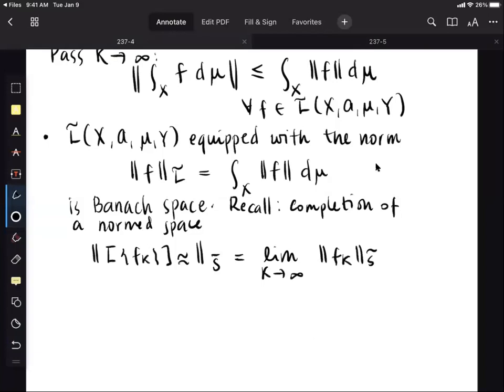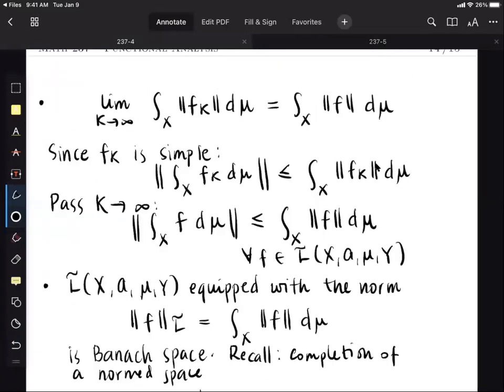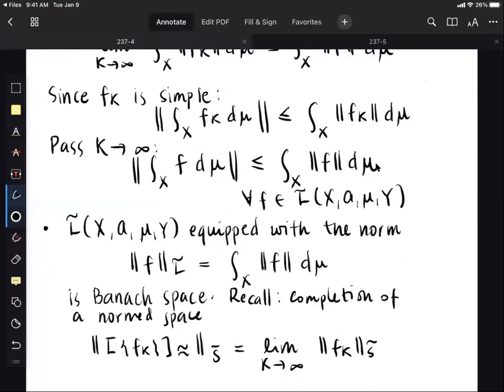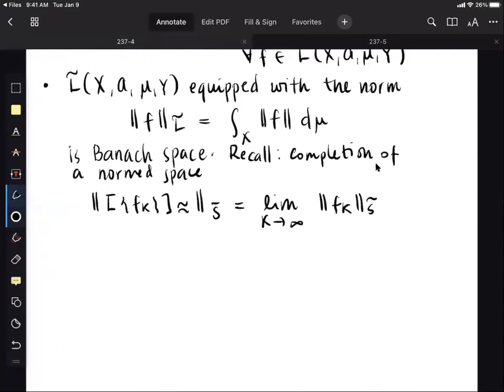But of course, using again this equation here and the definition of the norm in L tilde, this is the same as the norm of f in L tilde.